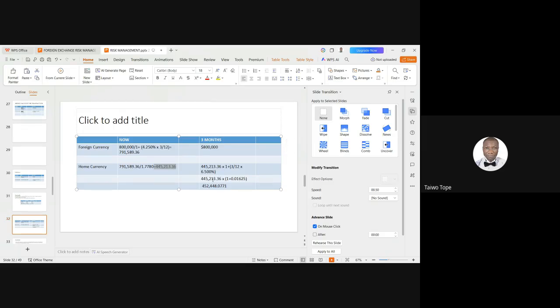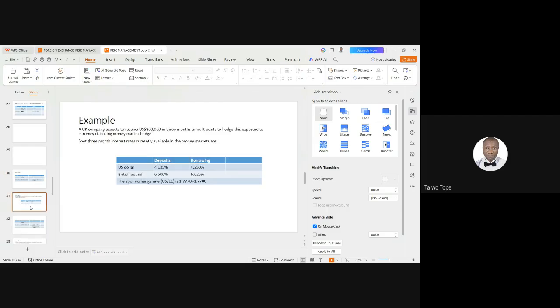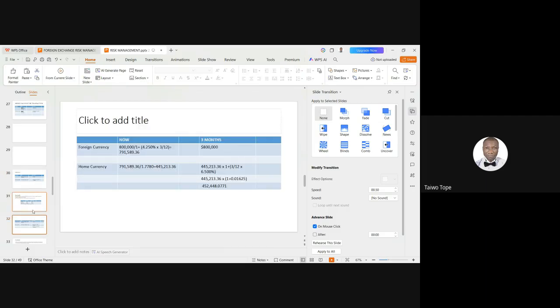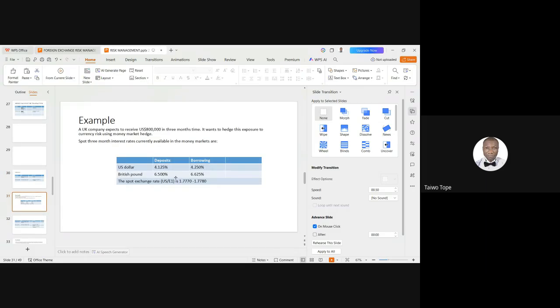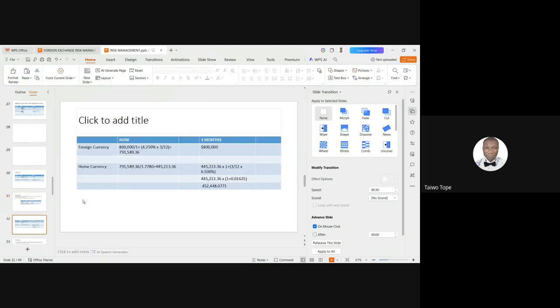4,545,213.36. Now, when you make a deposit, what will be your interest rate? 6.500%. So what you do is divide 6.500 by 100, then multiply by 3, divide by 12. Then once you do that, you add 1 to the outcome.